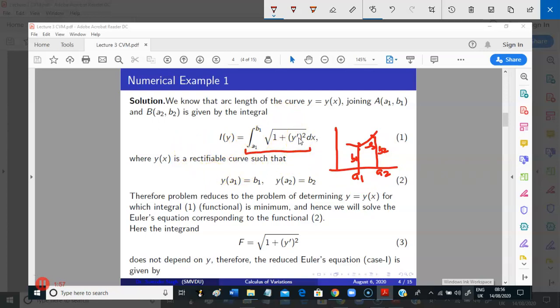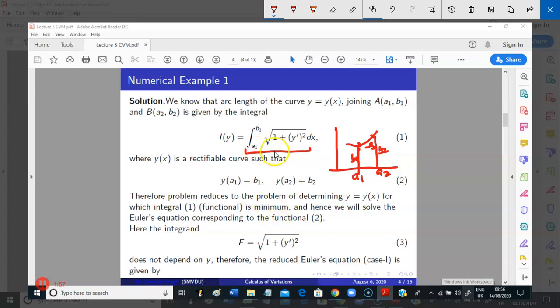So this is the functional now, and you have to find the extremal of this functional. Definitely you are going to use Euler's equation, which gives the necessary condition for the existence of an extremum.